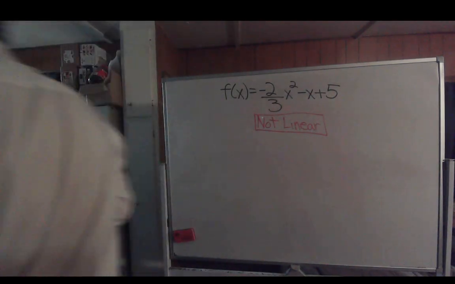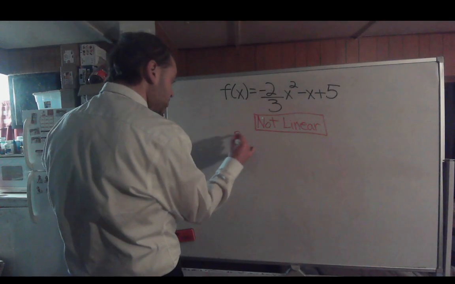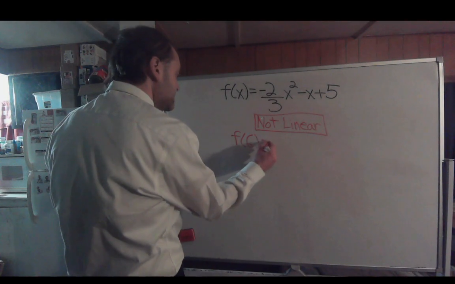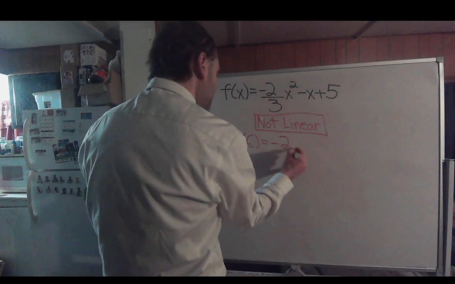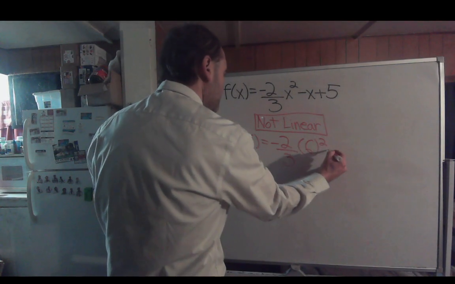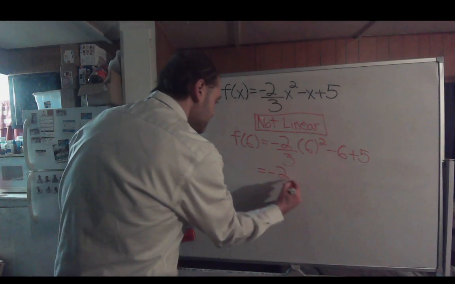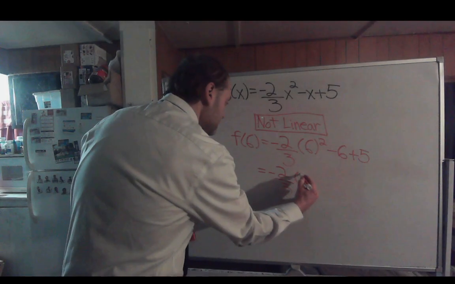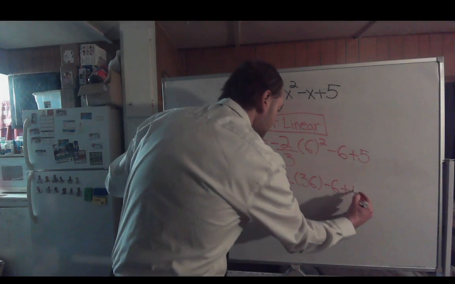Now let's say they want you to find f of 6. So let's find f of 6. You'll take that 6, put it in for wherever you see an x. That'd be -2/3 times the quantity of 6 to the second power minus 6 plus 5. Well, deal with your exponents first. That would give you -2/3 times 36 minus 6 plus 5.